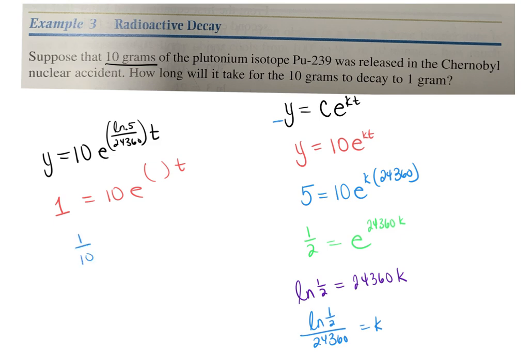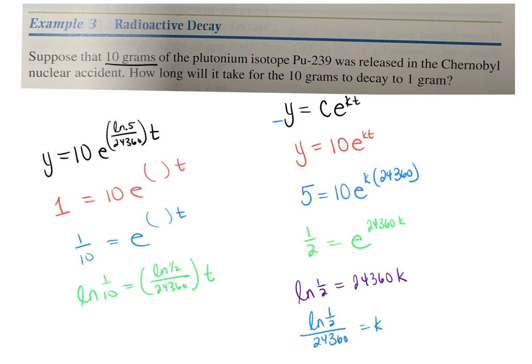Then I can get rid of the e with a natural log, right? So 1 over 10 equals e to the crazy guy, T. Natural log of both sides: natural log of 1/10 equals the natural log of 1 half over 24,360 times T.